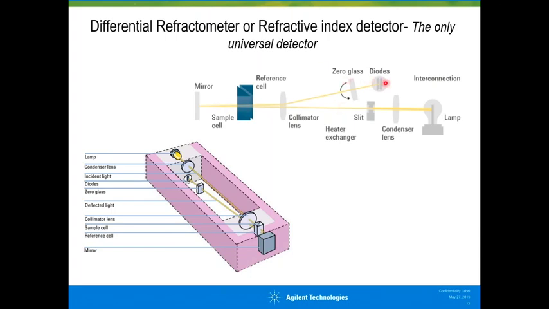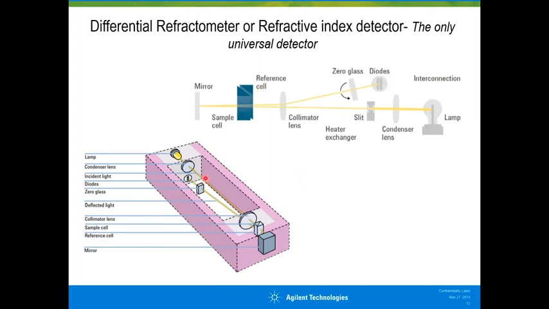The change in current from the diodes is amplified and used to produce a calibrated detector signal. This signal is expressed as nano refractive index units, and this corresponds to the difference between the refractive index of the sample in the sample cell and the mobile phase in the reference cell.